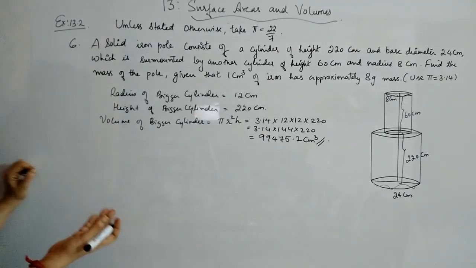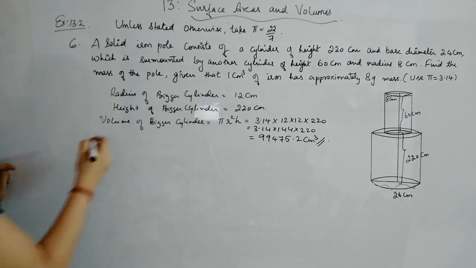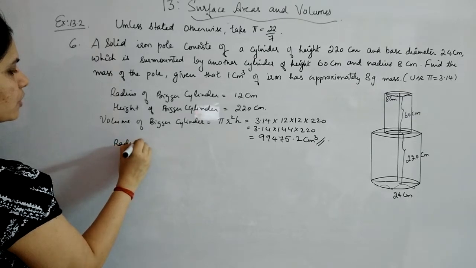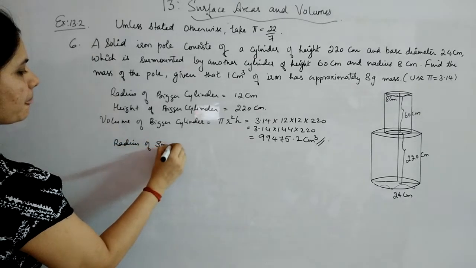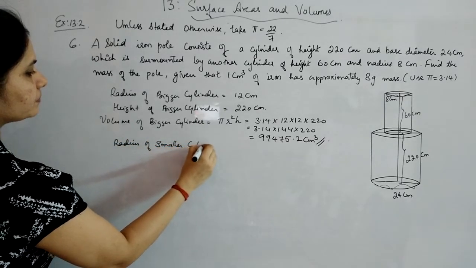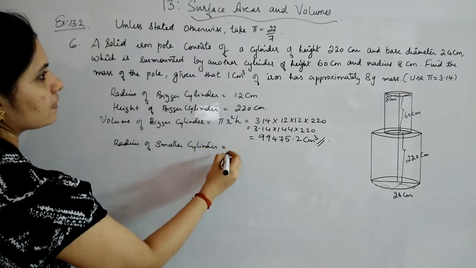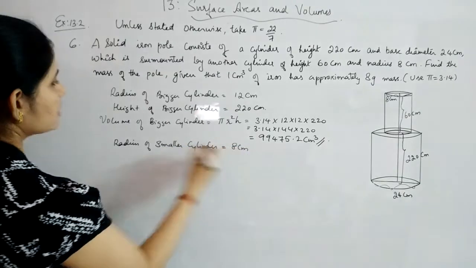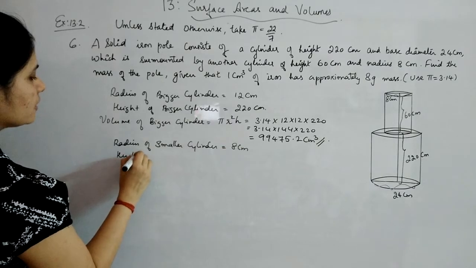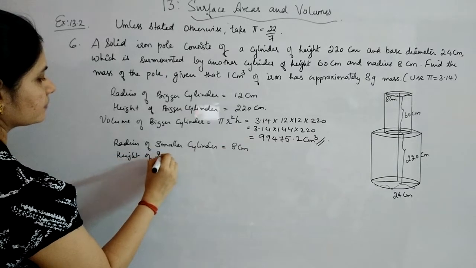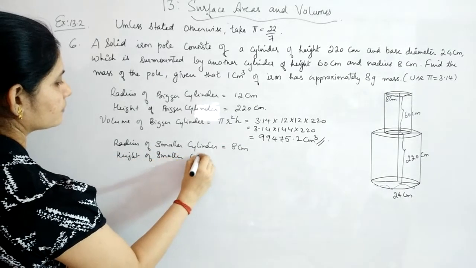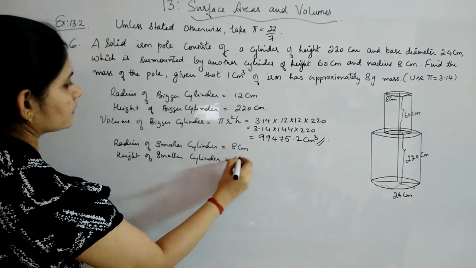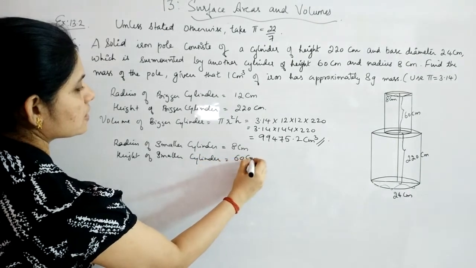Now you have to find out the volume of the smaller cylinder. For that, the radius of the smaller cylinder is given to be 8 centimeter, and height of the smaller cylinder is 60 centimeters.